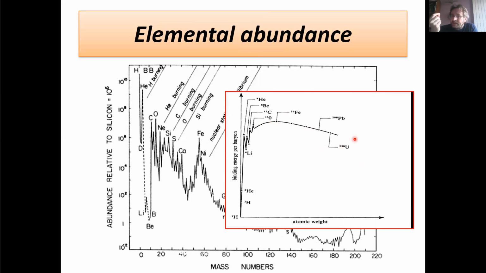We wouldn't gain energy by fusing two nuclei. In fact, above here, we gain energy by splitting nuclei and bringing them closer in mass ratio towards the area where we have the highest binding energy per nucleon.